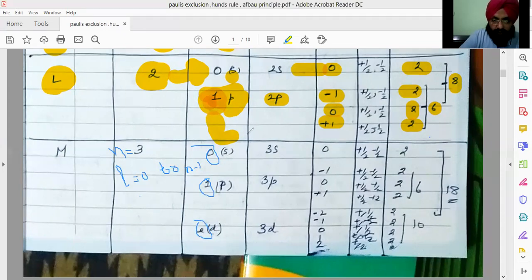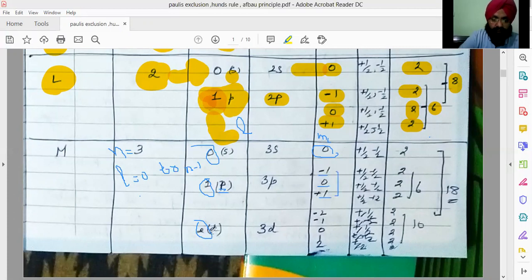And for each value of L, ML has values from minus L to 0 to plus L. For 0, it has only one value. For the p subshell, the value of L is 1, so minus 1 to 0 to plus 1. So 3 orientations are there.